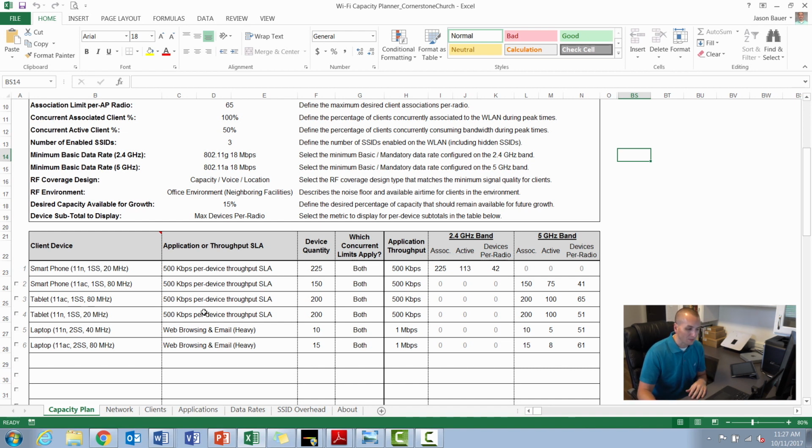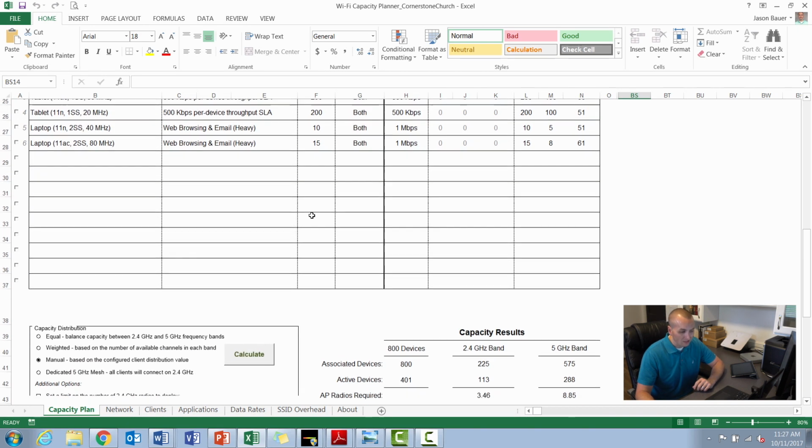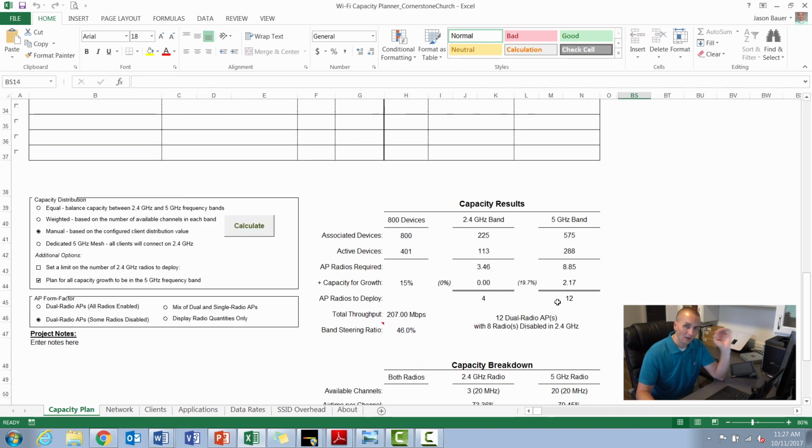And it starts dispersing those throughout the different bands and so forth based on the information I've populated at the top. And then basically at the bottom here, it gives me a quick rundown of the number of radios that I need to have in the environment, in the area that this is being represented by.